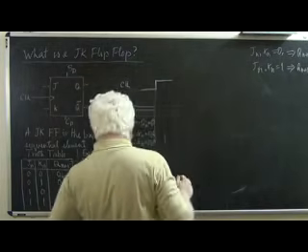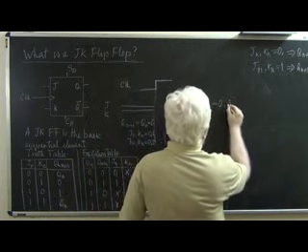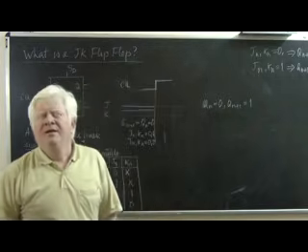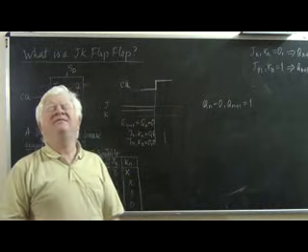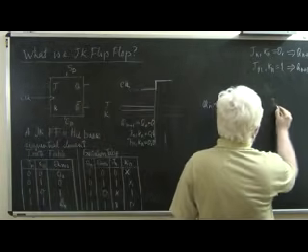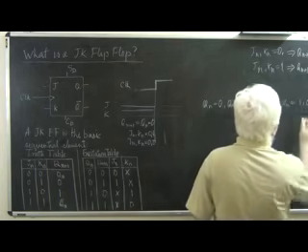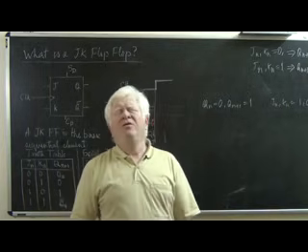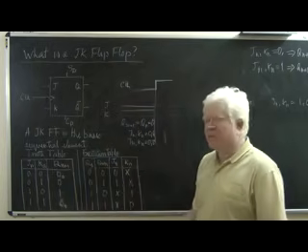Suppose you have a case where Qn equals 0, Qn plus 1 equals 1. This change can either be interpreted as a set operation, which is obtained by Jn Kn equals 1, 0, that is setting the flip-flop, or it could also be obtained by a flip operation.